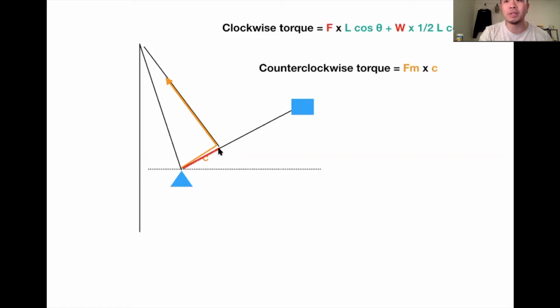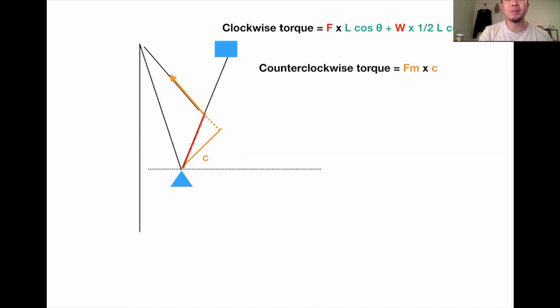Because the attachment site is not changing. So if the moment arm is closer to the red length, that'll be the maximum you can get of your moment arm. But if we move our arm up more, it'll become like this. So the C is not the same as the red stick. It's smaller than it, right?